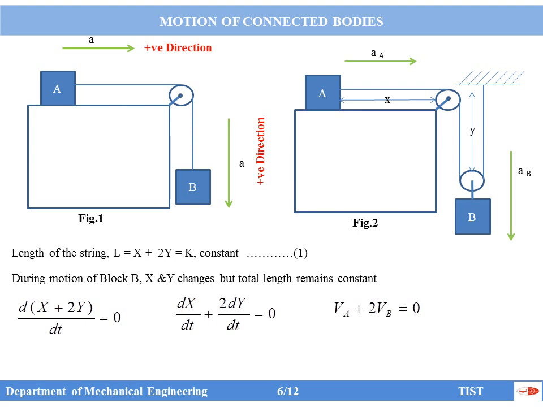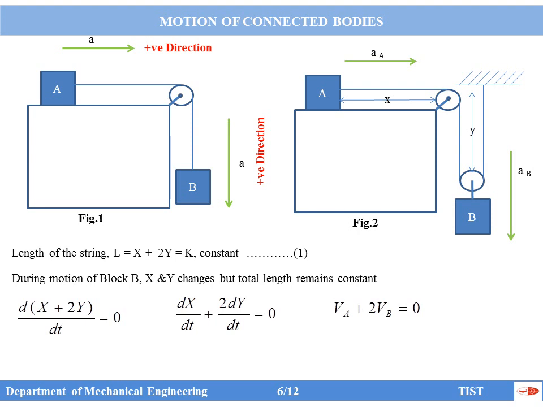So we will get VA plus 2VB equal to 0, right? From this equation you can see velocity of A is minus 2VB. If you take the magnitude, VA is 2 times VB, right? That is, the block A moves with twice the speed of block B.